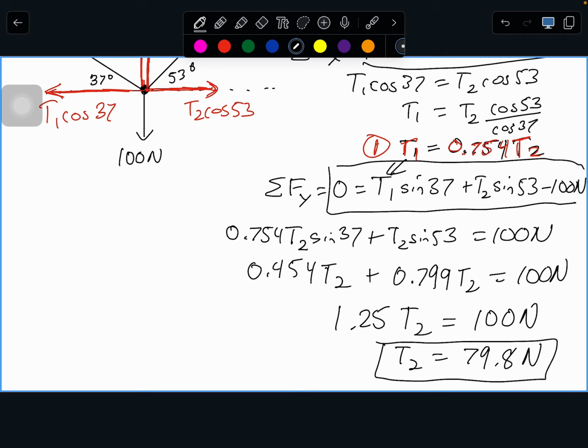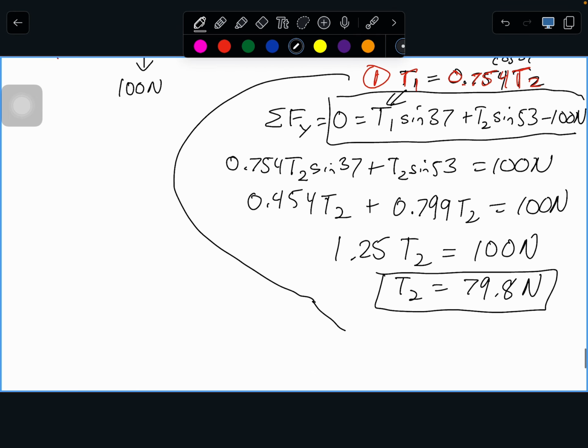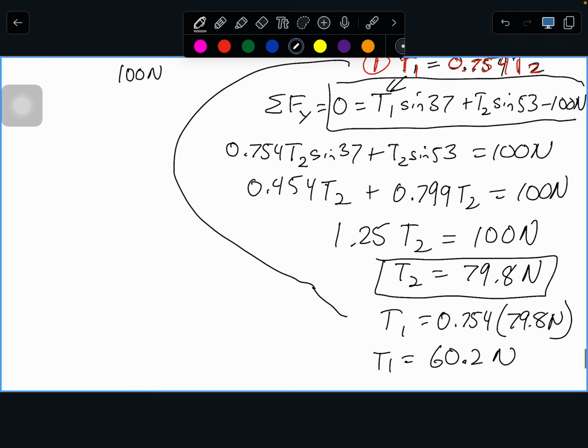There we go. Now, I'm going to take that first equation, move it down here, and find my T1. T1 equals 0.754 times 79.8 newtons. And my T1 equals 60.2 newtons.